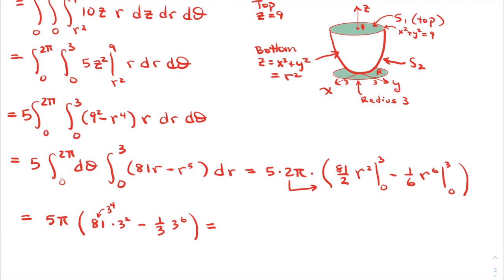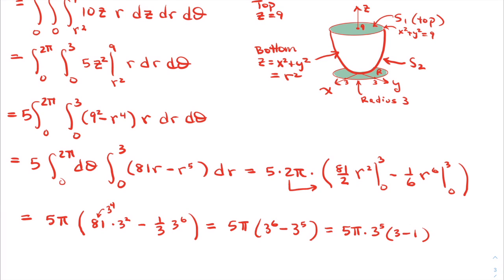So I think if you look at this a little longer, you see this is 5 pi, and I think it's just a 3 to the 6th minus 3 to the 5th. There. And maybe factor out 3 to the 5th. So it's 5 pi times 3 to the 5th times 3 minus 1.